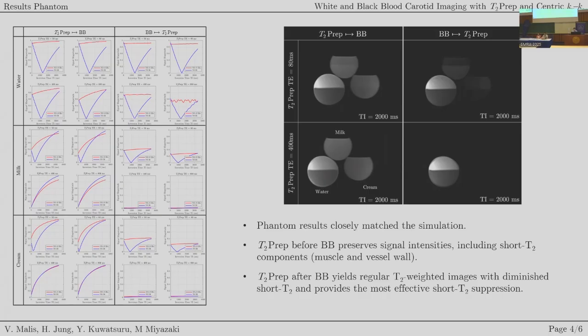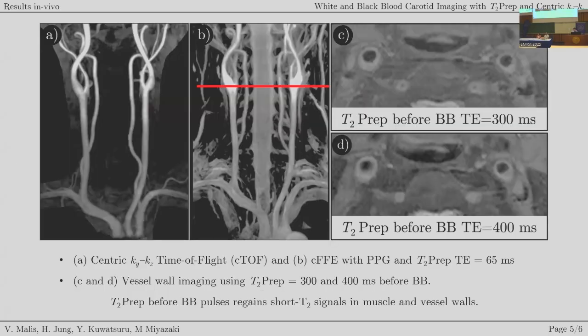You can see with the T2Prep placed before the black blood, we were able to preserve the signal intensities, while for the T2Prep placed after the black blood module, we observed the expected result with regular T2 weighted images with a diminished short T2.